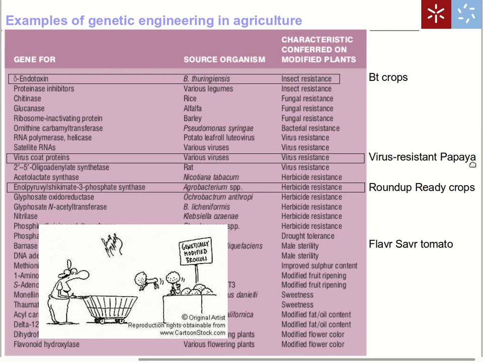Virus-resistant papaya, which is an example of engineering a plant with virus resistance. Roundup Ready crops, an example of engineering plants to be resistant to certain herbicides. And finally the Flavr Savr tomato, which is an example of engineering for quality. So all of these examples cover a quite wide range of goals of genetic engineering.